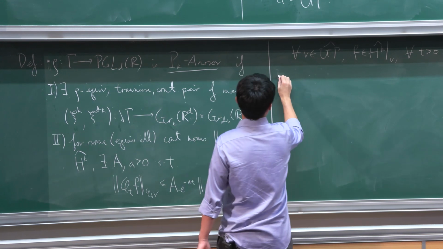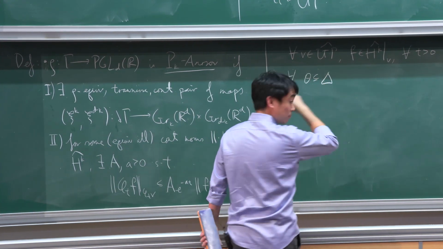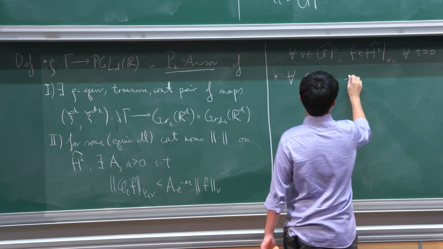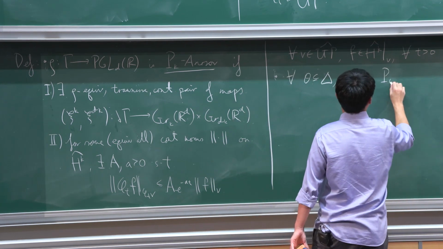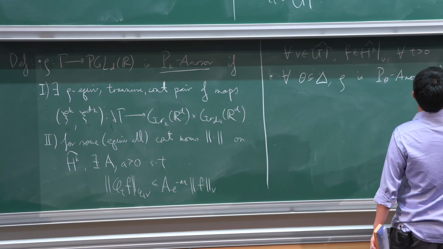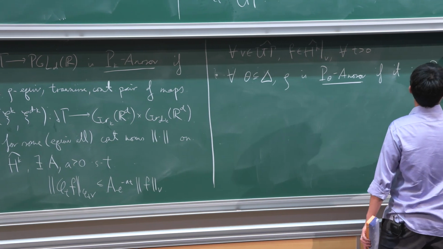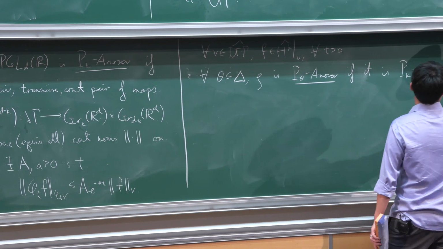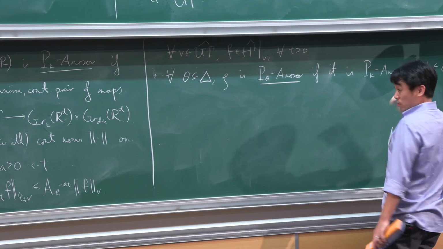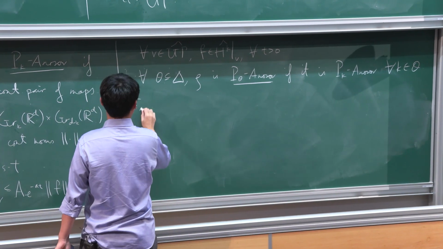More generally, if you take any subset theta inside of delta, then I say that rho is P theta Anosov if it is PK Anosov for all K in theta.